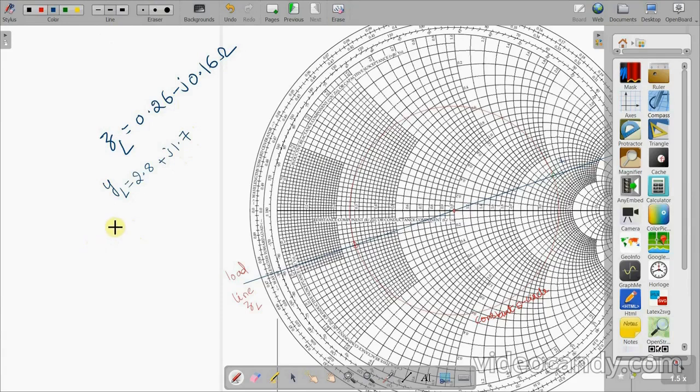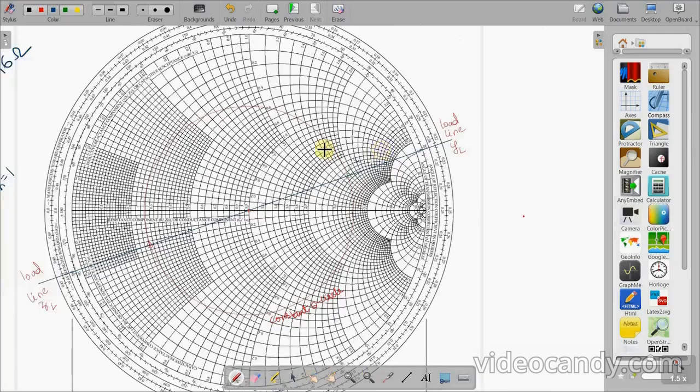The objective of impedance matching is that the normalized input impedance measured from the load should be a purely real value of 1, or the normalized input admittance should be equal to a real value 1.